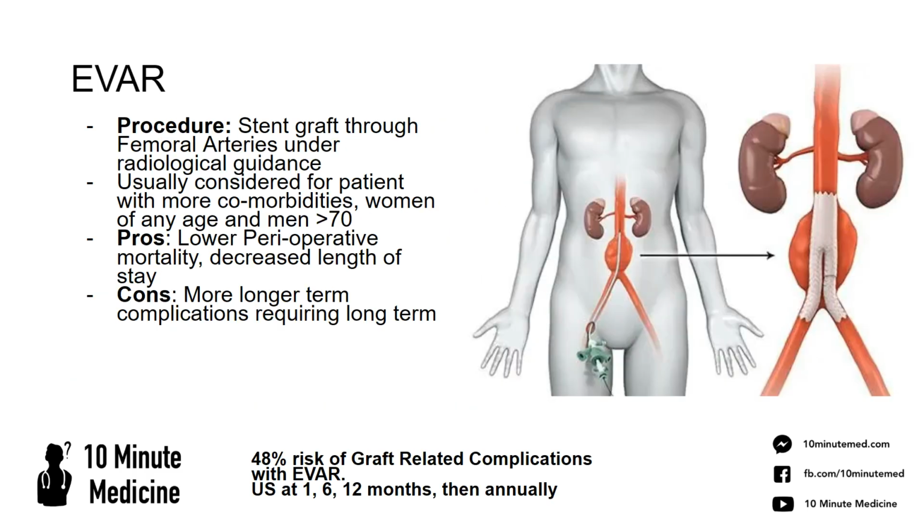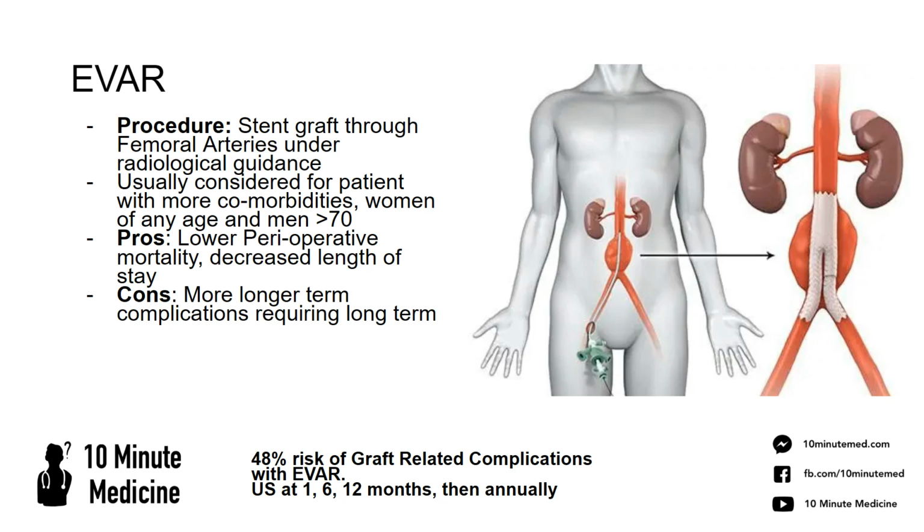So there are two main surgical procedures that are offered to patients with a ruptured AAA, or those who have a AAA found on the screening program. The first one is endovascular aneurysm repair, or EVAR. That's when a stent is inserted through the femoral arteries under radiological guidance, as you can see on the right here.